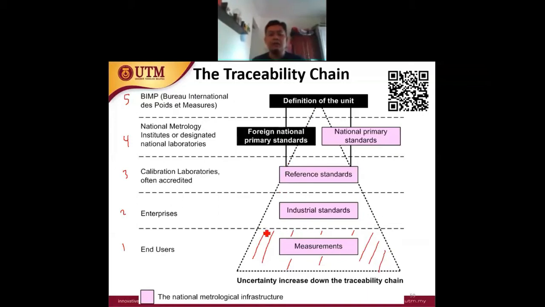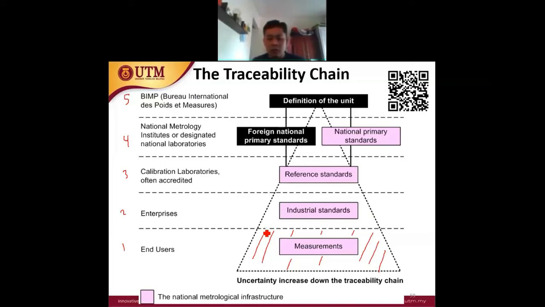Meaning the measurement at the end user, if we take one aspect of the uncertainty, for example accuracy, the level of accuracy is basically the lowest. But although it is the lowest, it must be at the level where it is safe, or the result can fulfill a certain requirement.